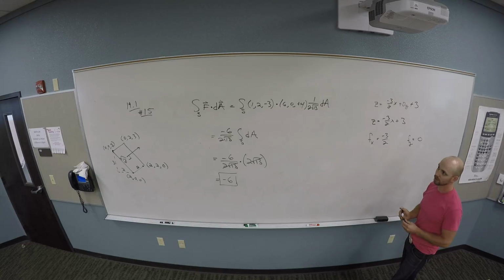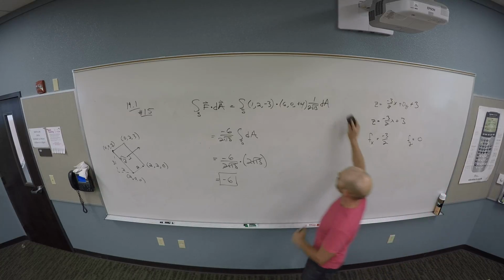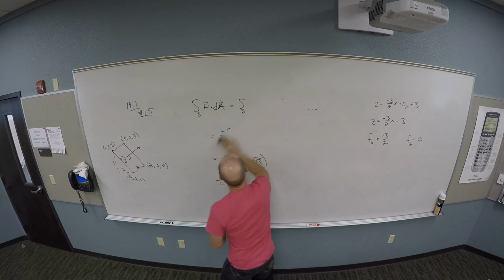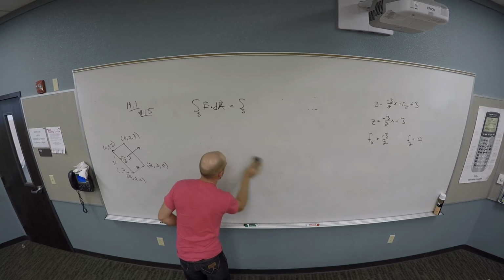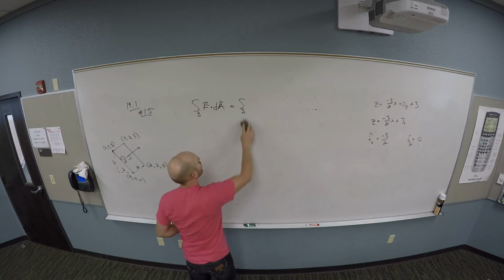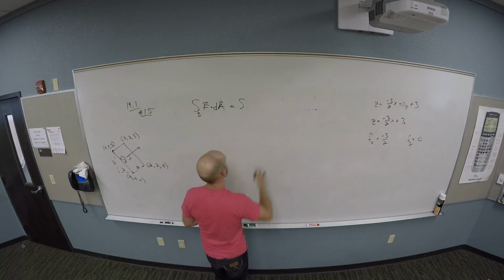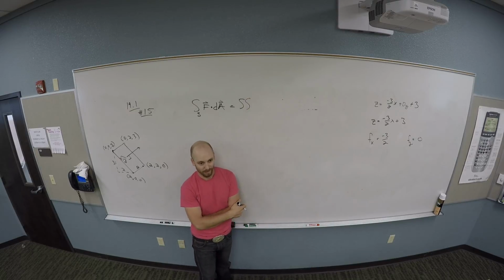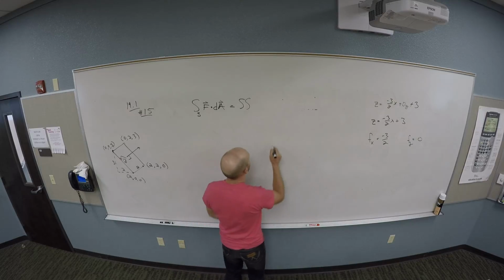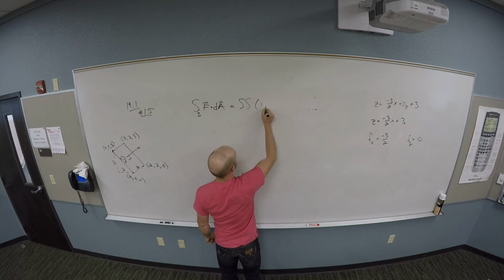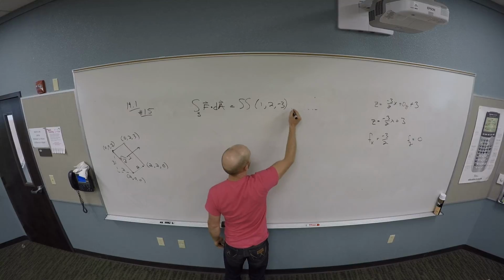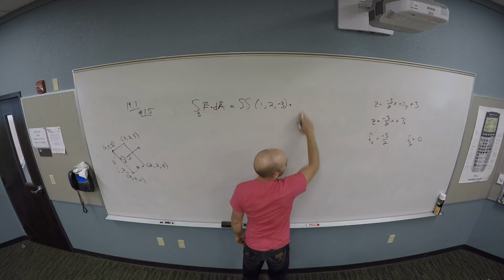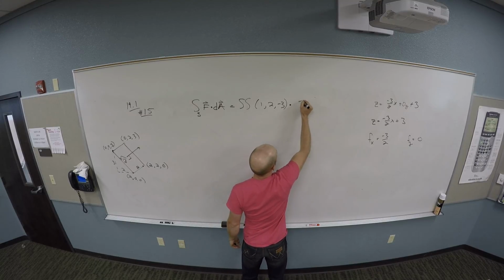So then my flux integral should be, instead of the geometric way, I should do a double integral, right? Of what? Okay, so I need my vector field 1, 2, negative 3, dotted with 3 halves, 0, 1.